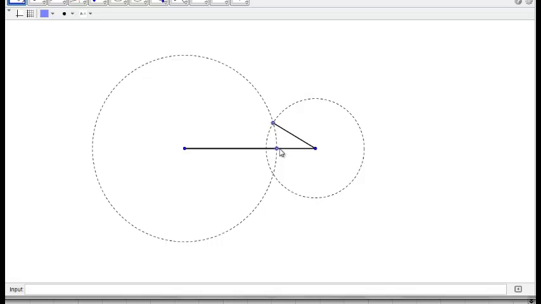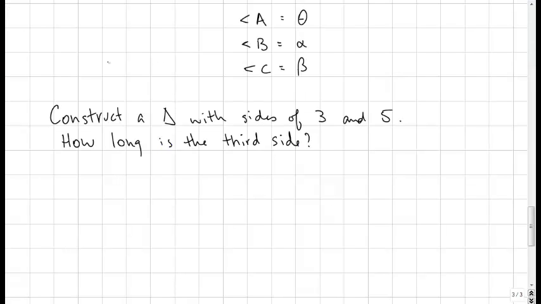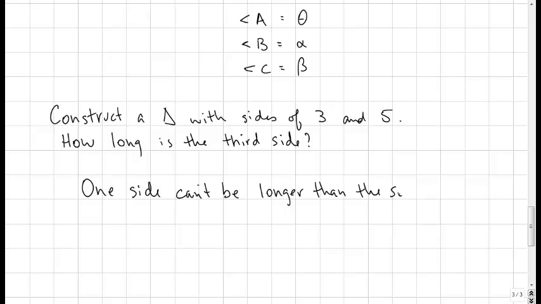And in that way, you can see we can construct a triangle with sides of 5 and 3, and then the third side would be less than 8. So we can sort of summarize that, if you like, by saying that one side can't be longer than the sum of the other two sides.